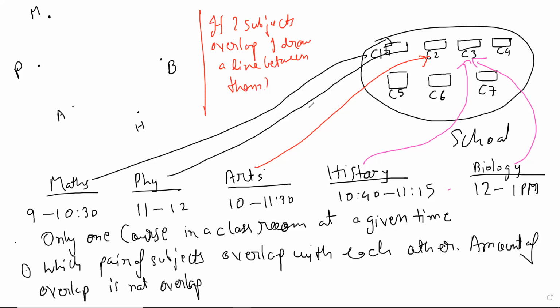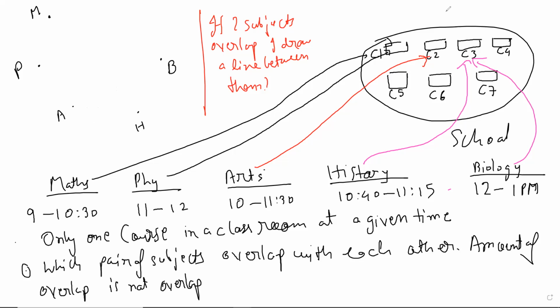So let's ask this question. Should I draw a line between arts and history? So should I draw a line between H and A? Yeah, should I draw this line? Yeah, we should, right? Because arts and history intersect. Right? So we'll draw a line between them.